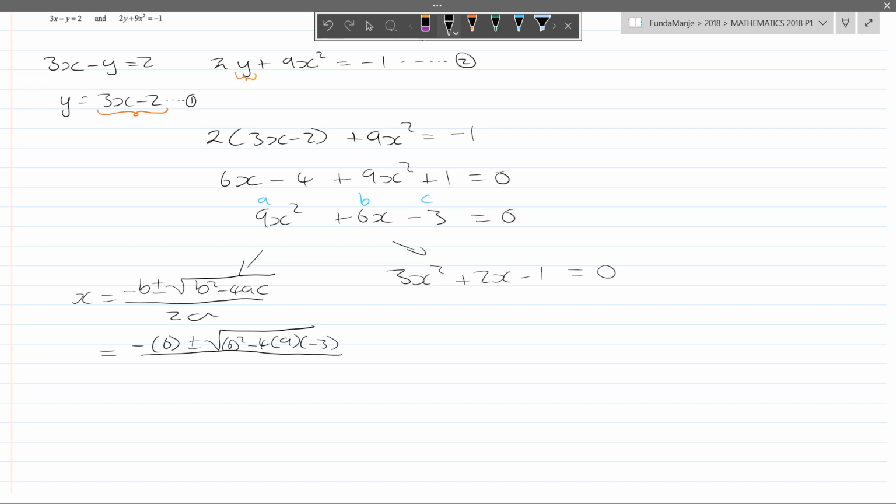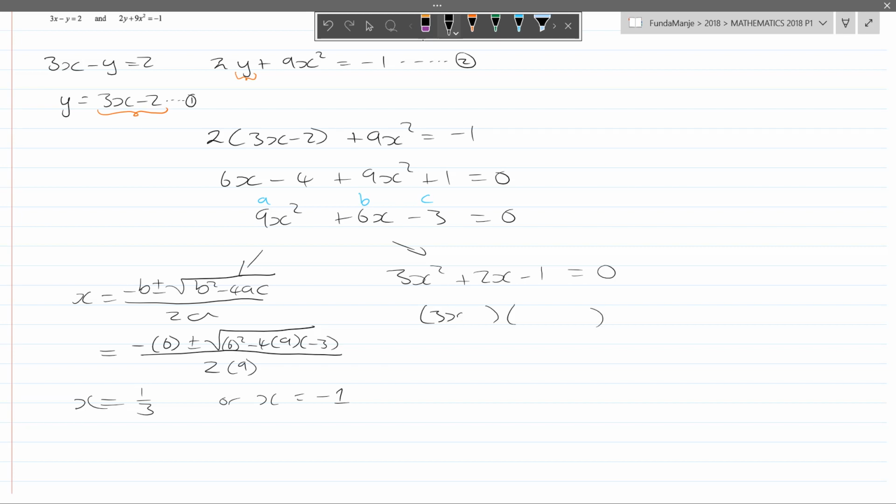And this is all over 2 multiplied by A, which is 9. And then from this, we get that x can be a third, or x can be negative 1.